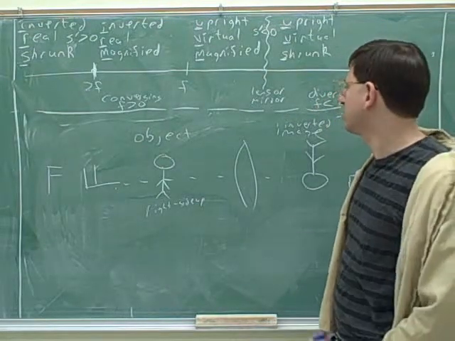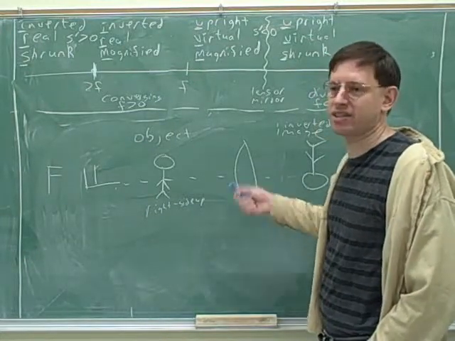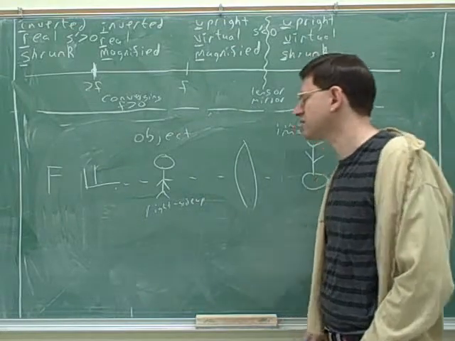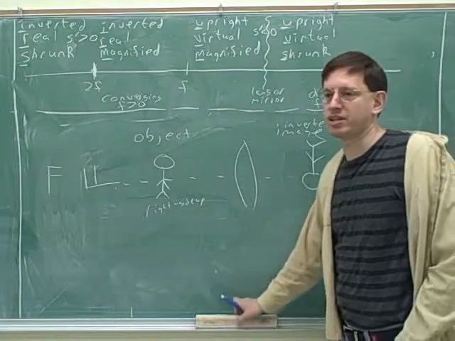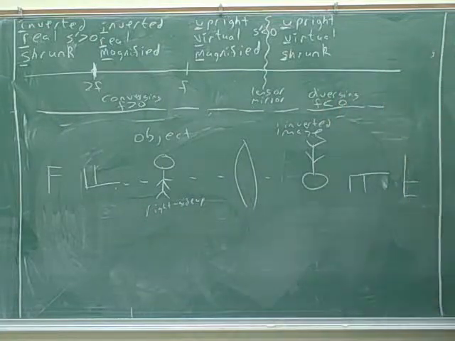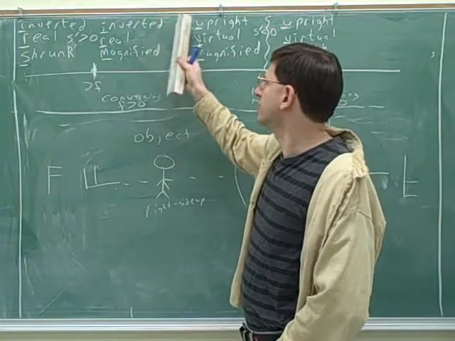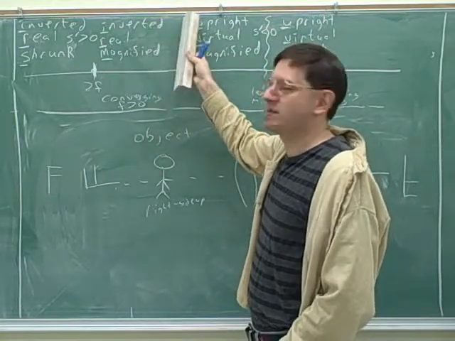But the key point is, when we say that an image is inverted, we mean that it's inverted around the principal axis. What we mean is it's got a different orientation with the principal axis compared to the object. Instead of calling these inverted and upright, we might want to call them inverted orientation and upright orientation, or even opposite orientation and same orientation.